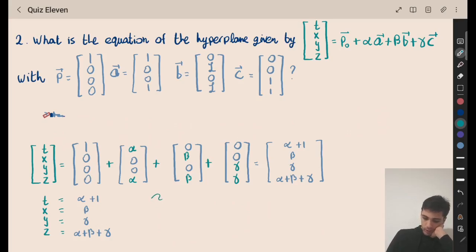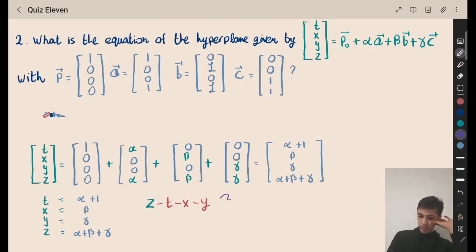So for example, let's take z. Z has alpha plus beta plus lambda. I want to eliminate this alpha, so I'll take away t, because when I take away t, the lambda will cancel out. I also want to eliminate the beta, so perhaps I should also take away the x. And similarly for gamma, I take away this y.